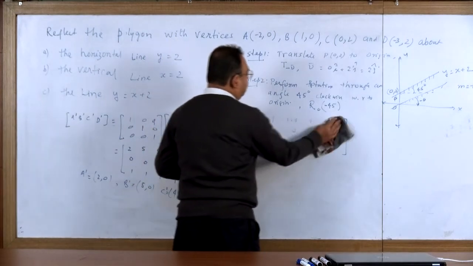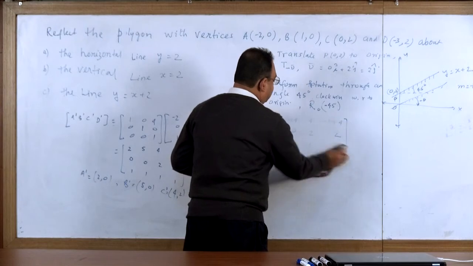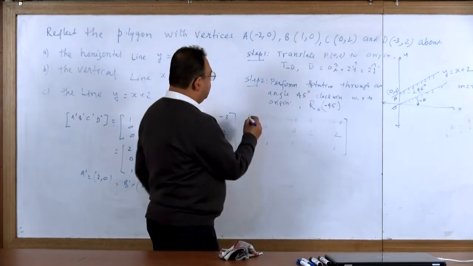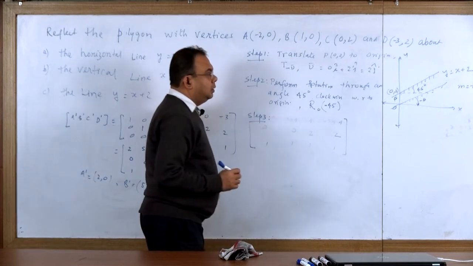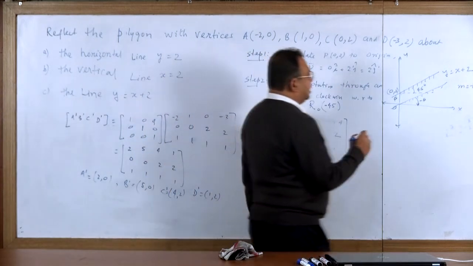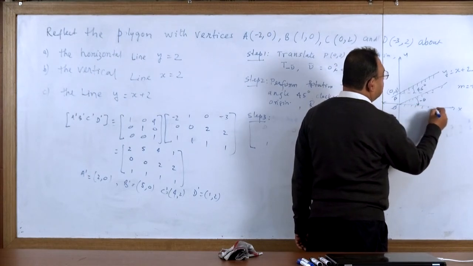And step 3. After this rotation, the reflector is coincident with the x-axis.